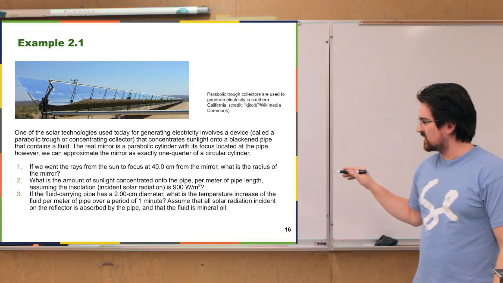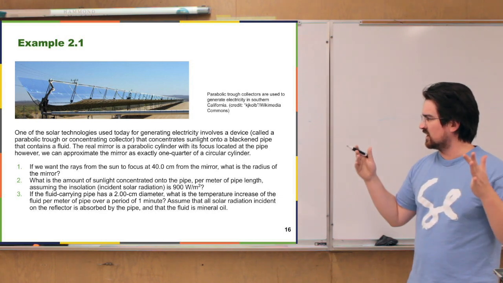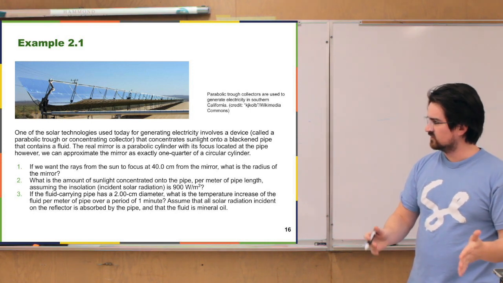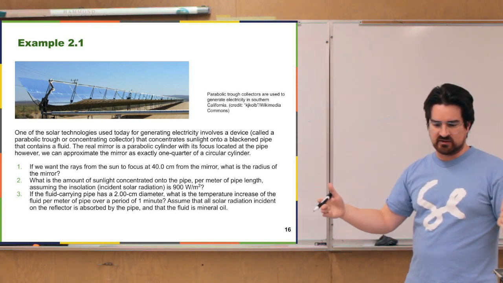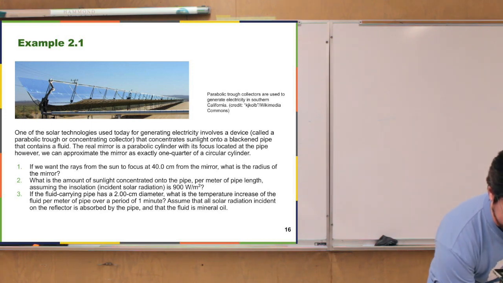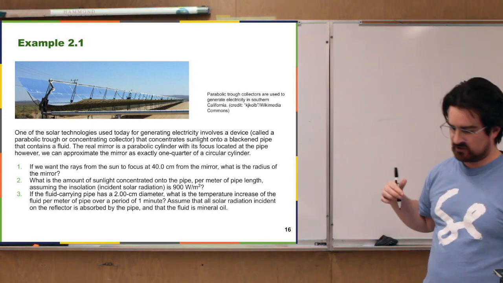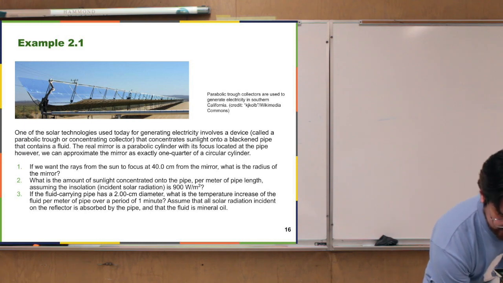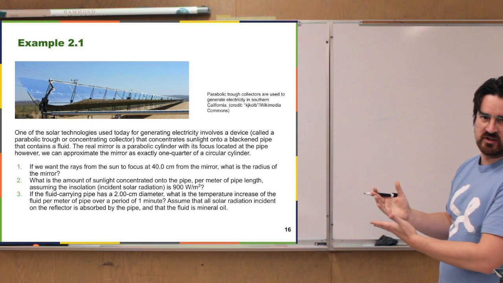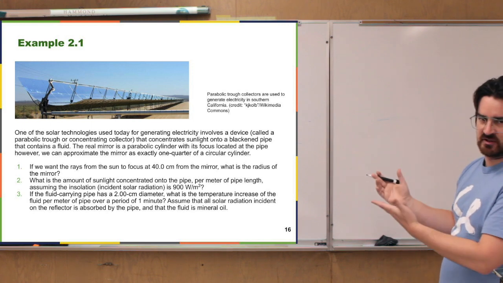Okay, so then in the second part, we essentially just need to look at this as a power per meter length of this parabolic trough. So what is the area of 1 meter of this parabolic trough? Well, I forgot to mention, the trough is 1/4 of this circular cylinder.